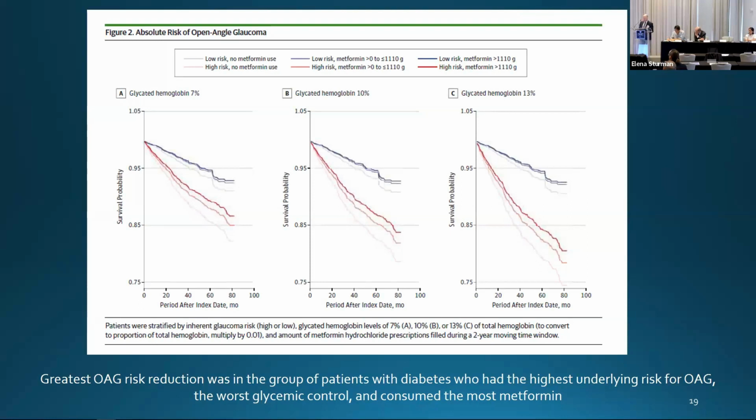And you can see that the group that tended to have the largest risk reduction were the patients with diabetes who had the highest underlying risk of glaucoma, the worst glycemic control, and consumed the most metformin.